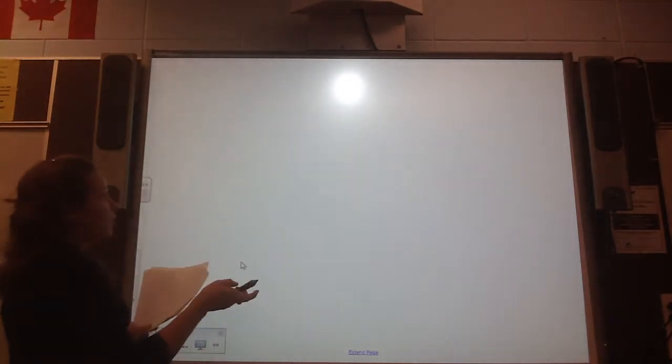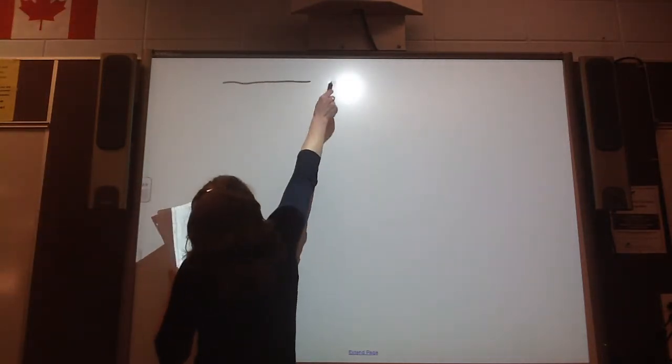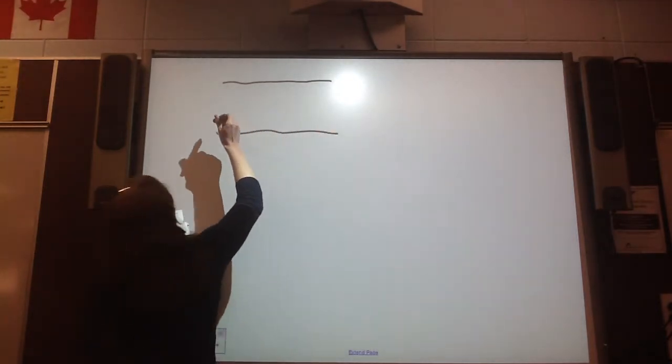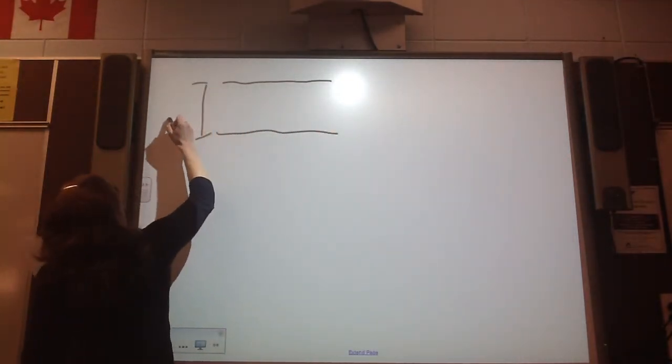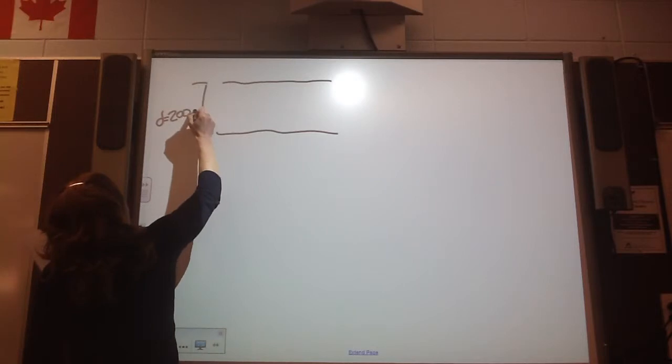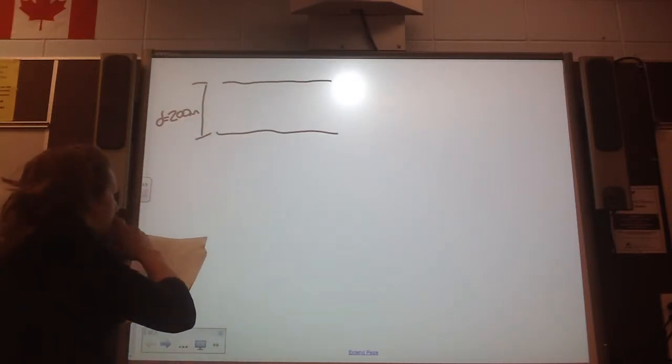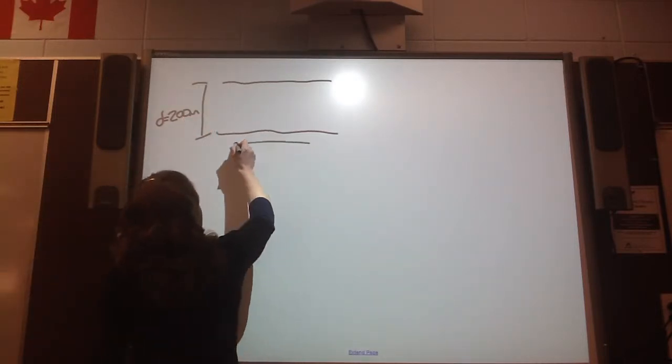So I just drew the same river. So we have our same river, same distance, but here I have the same current.